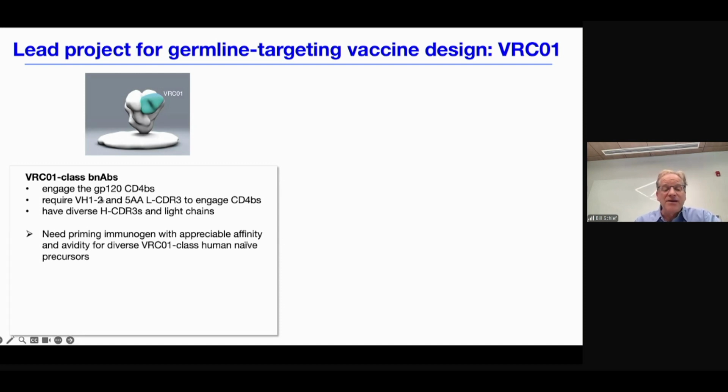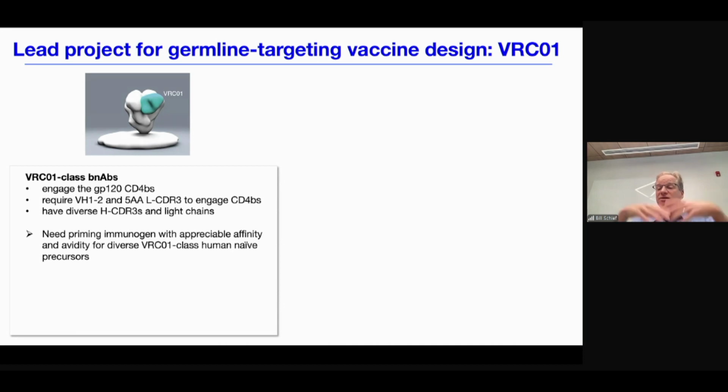They have to have *02 or *04, and all of the known bNAbs are actually derived from the *02 or *04 allele. But with those specific genetic constraints, there are many known bNAbs that fit into this class, VRC01 class broadly neutralizing antibodies. They have very diverse heavy chain CDR3s, and very diverse light chain V genes and J genes.